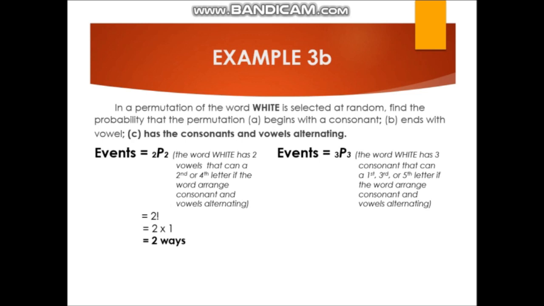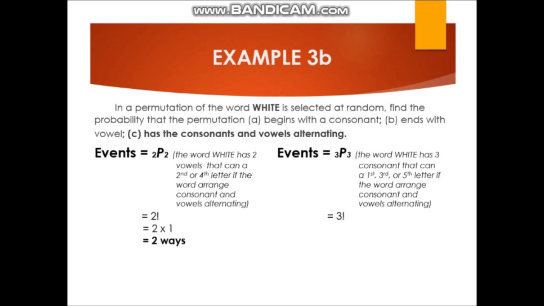Example, letter T, pwede siya sa first position, pwede siya sa third position, and pwede rin siya sa fifth position. So, yun po yung ating tinatawag na alternating.